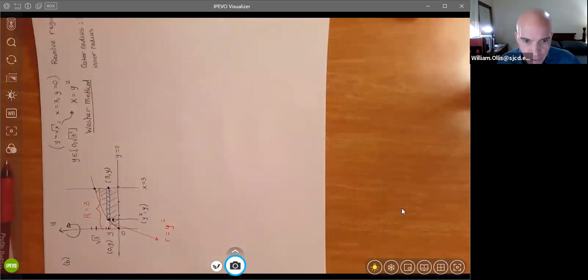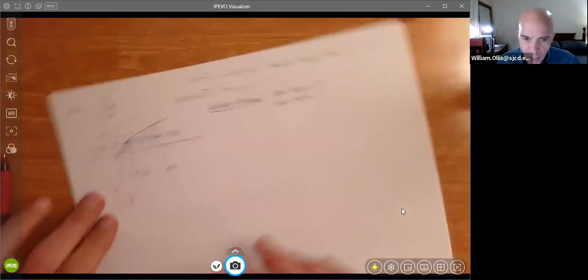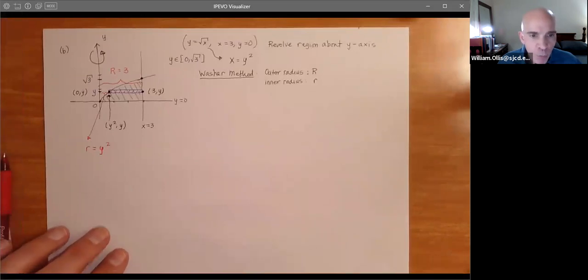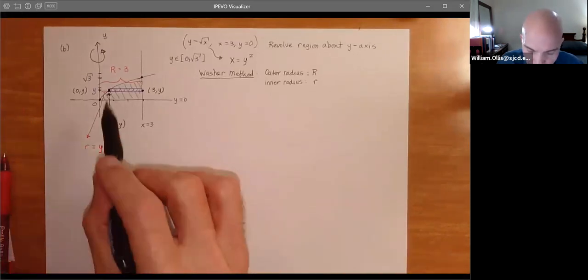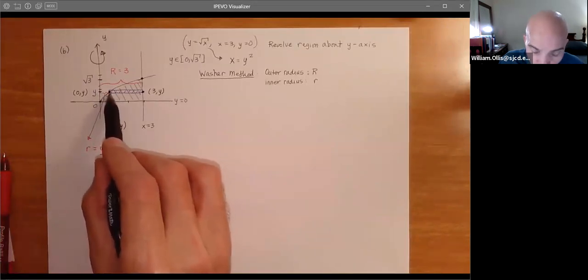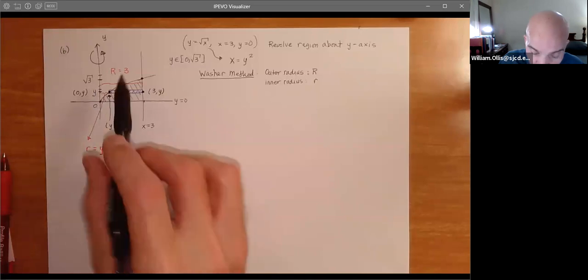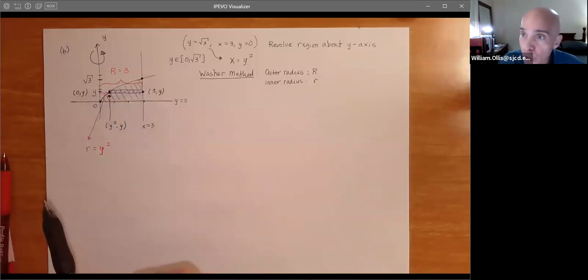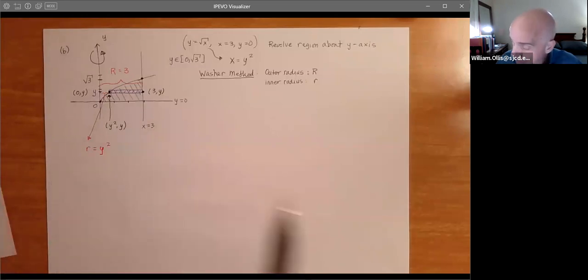Okay. So this is a left to right construct. So now when we look at this, we're like, okay, well, the distance, the inner radius here, distance is just y squared minus 0, or y squared. And then the outer radius, again, is always going to be 3, regardless of where the y is.